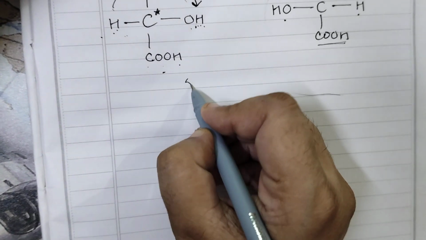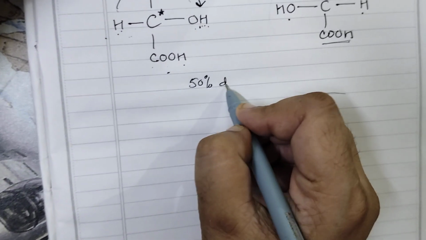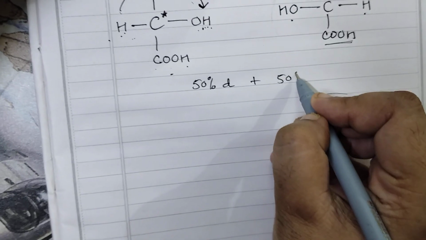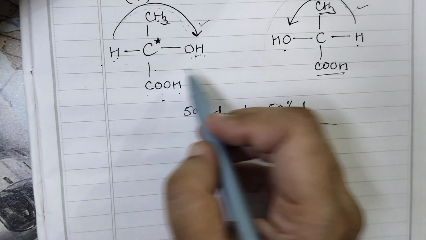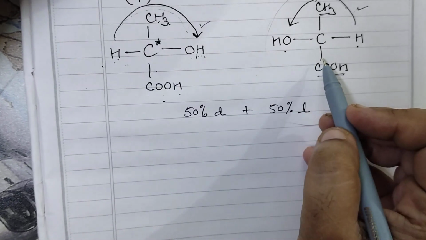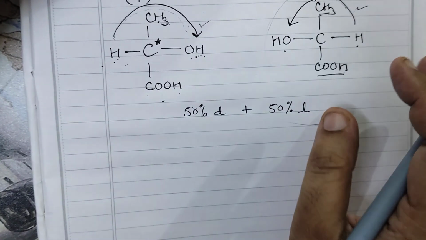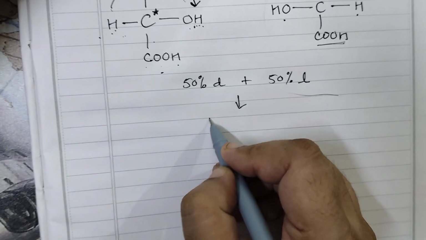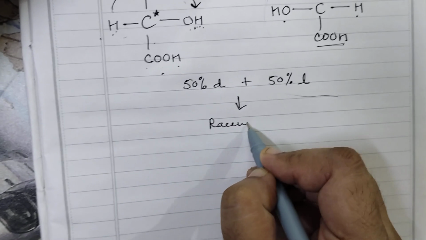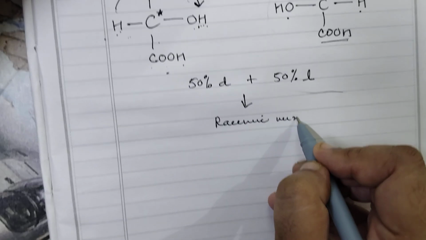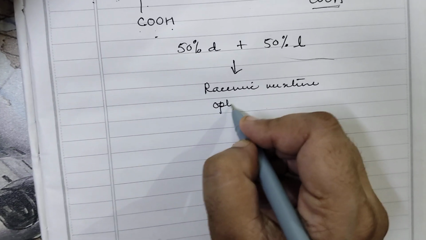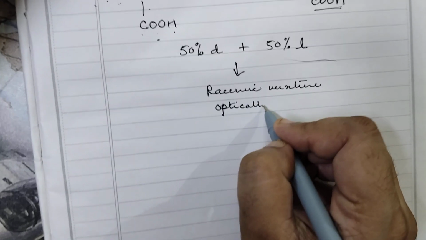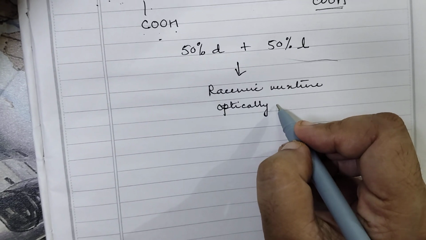And if we mix 50% D with 50% L, that is, in equal amounts, say 1 gram of this and 1 gram of that, then the mixture is said to be a racemic mixture. A racemic mixture will be optically inactive because it will not rotate the plane towards any side.